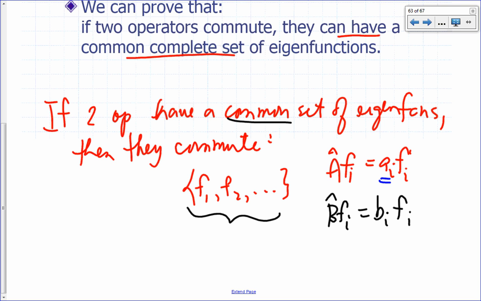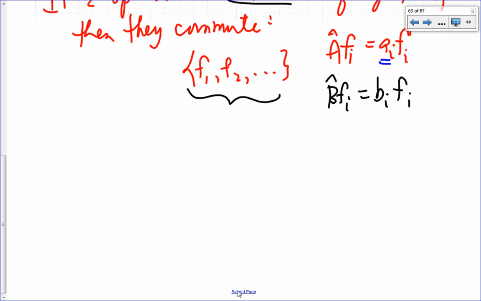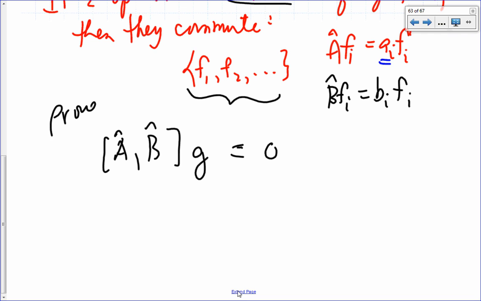How do we prove that they commute? How do you prove that two operators commute? You have to prove that A hat, B hat commutator operating on any function, let's call that function G, where G is any arbitrary function, must be equal to 0. That's what commuting means. So how can we prove that?